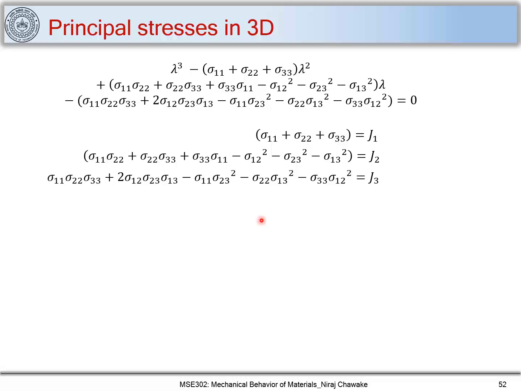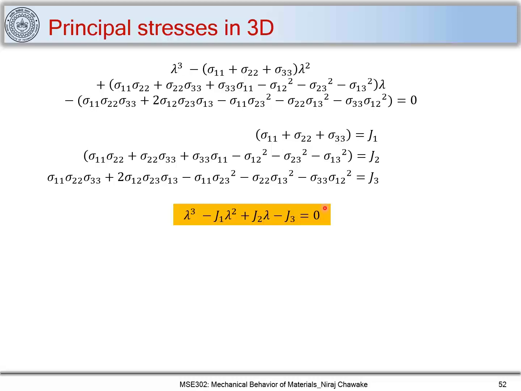This reduces the big equation to lambda cubed minus J1 lambda squared plus J2 lambda minus J3 equals 0, which is our cubic equation.